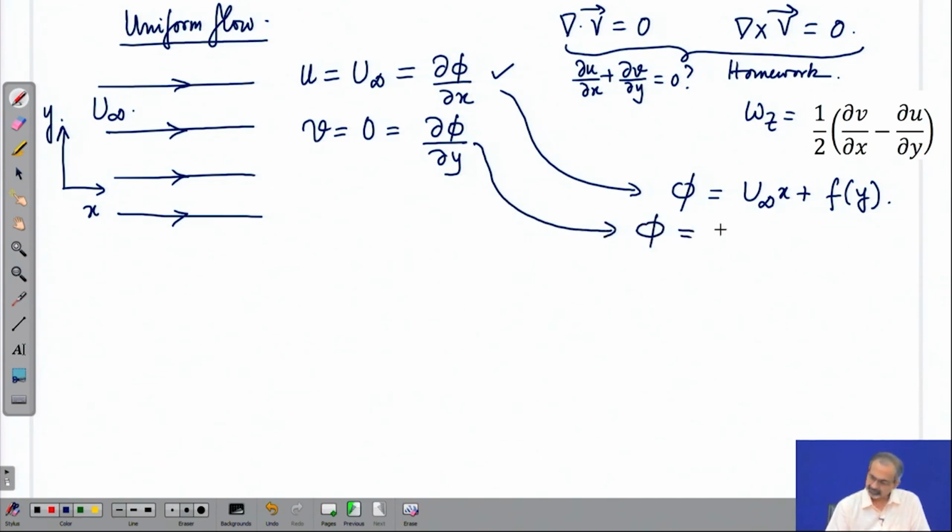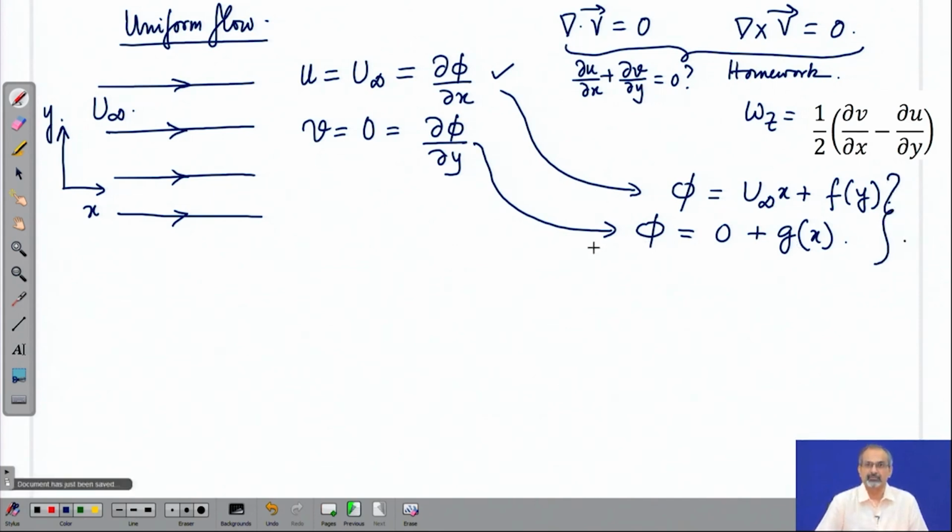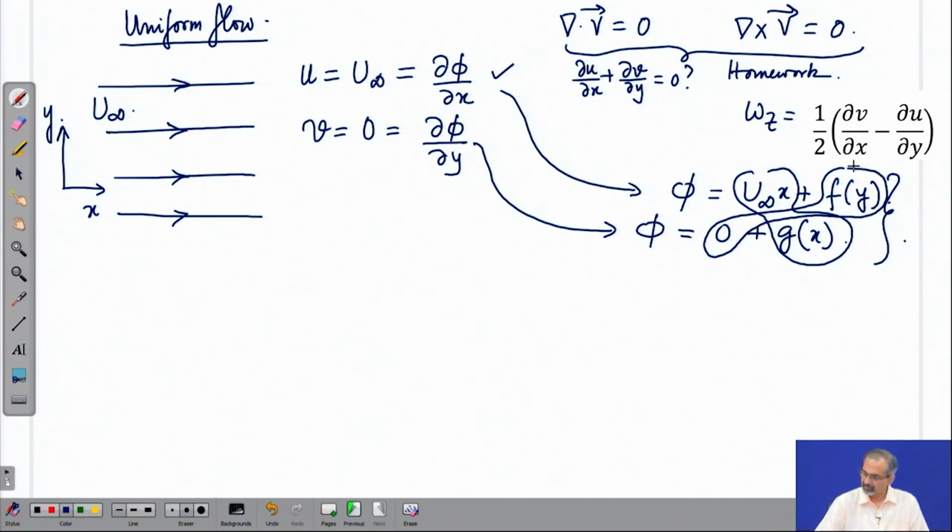You get phi equal to 0 plus some function of x. Now, they both should give us a consistent description of the phi for uniform flow. Now, if we compare the two, then obviously the g x should be equal to u infinity x and the f y should be the constant part.